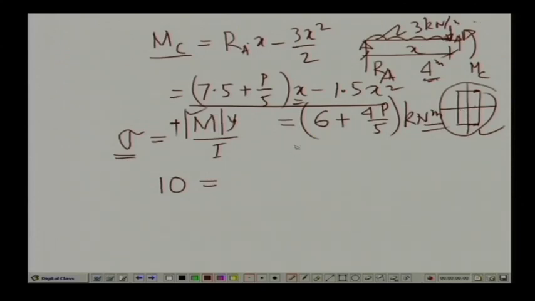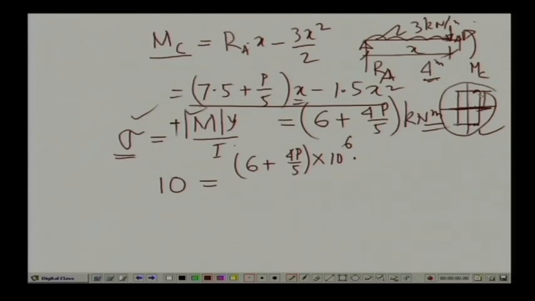Now, if we substitute the values in this particular expression for stress, M is 6 plus 4 P by 5 into 10 to the power 6 Newton millimeter, into y, the furthest distance from the neutral axis. Now, the neutral axis divides the whole section into 2 halves.